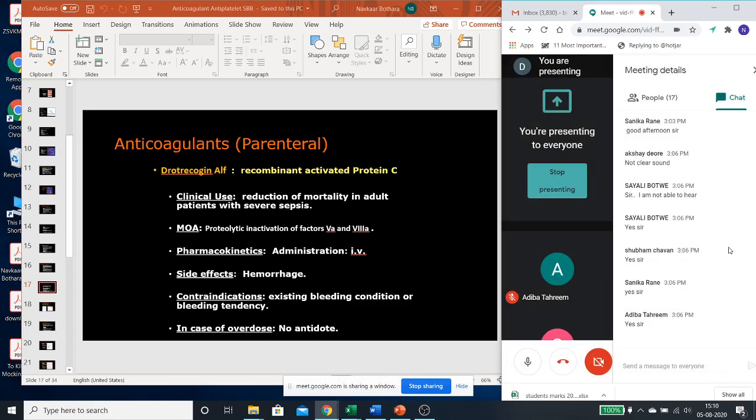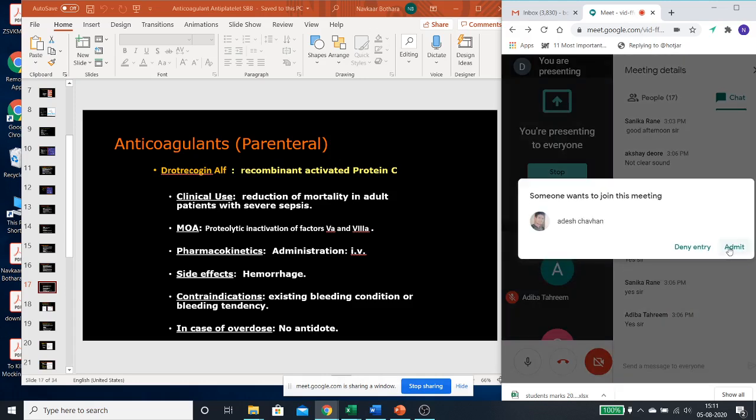So, those who are studying here or those who have common sense can understand that all of these drugs can have a side effect of hemorrhage. Similarly, for antihypertensives, in most cases the major adverse effect would be hypotension or postural hypotension. These are matters of common sense which have to be kept in mind.